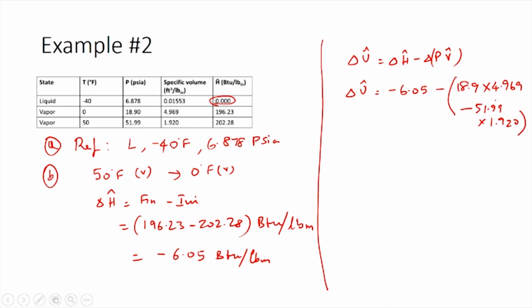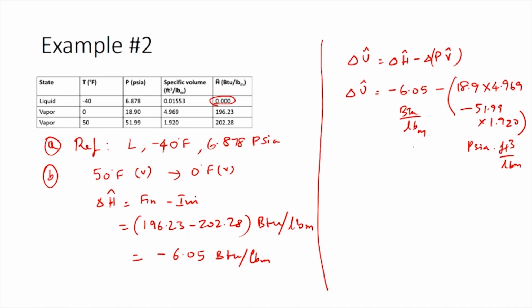This particular term within the brackets would have the units of PSIA times feet cube per pound mass, whereas the units for delta H cap were BTU per pound mass. So, this unit conversion needs to be done.